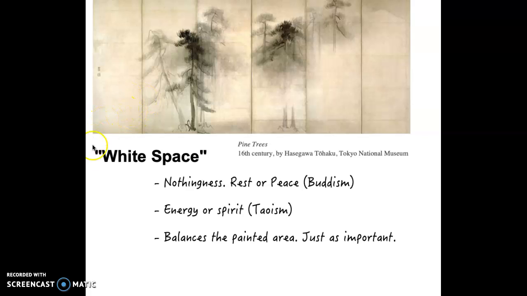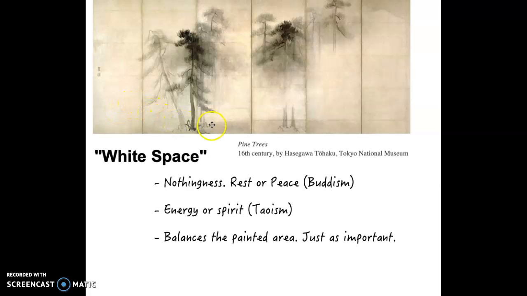And the reason for that, when we look at traditional Asian paintings, are some different beliefs that people traditionally have. One would be a Buddhist belief, and that belief in kind of nothingness or rest and peace, and that empty space is thought to be very beautiful, and it's a place for the eye to rest.